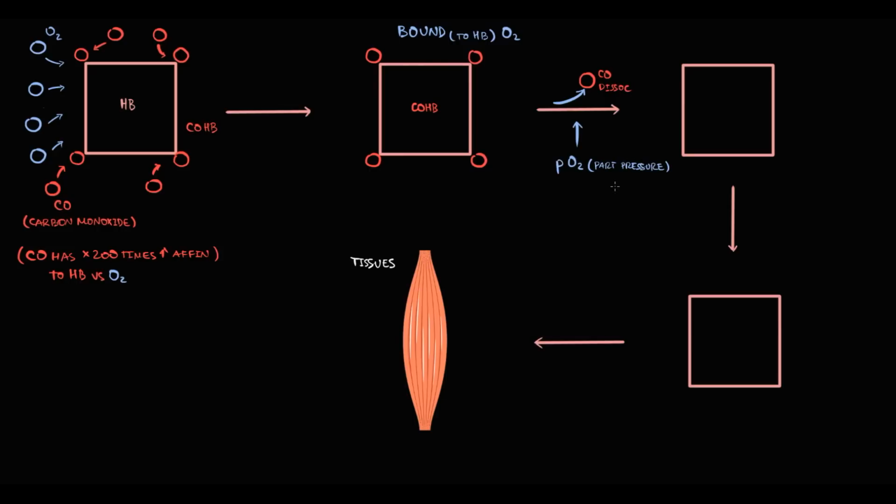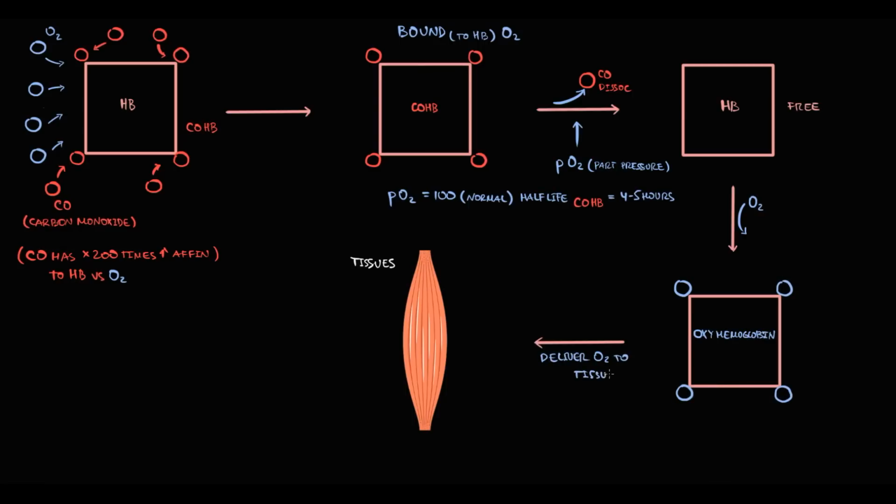Basically, the higher the oxygen concentration in inhaled air, the faster carbon monoxide will leave hemoglobin. And with room air, which has oxygen pressure 100, the half-life of carbon monoxide is 4 to 5 hours. So only after 8 to 10 hours, the organism will have oxyhemoglobin, which will begin to deliver oxygen to the tissues.